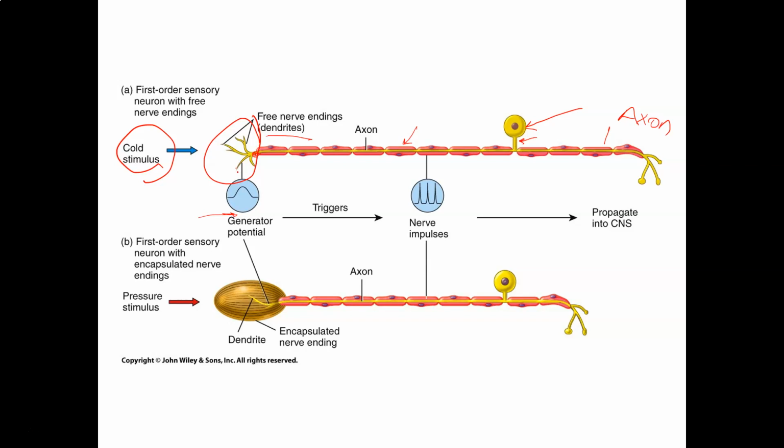But the main point is that environmental stimuli, either from outside or inside the body, trigger these generator potentials in the dendrites, and that is really at the heart of what a sensory receptor is.